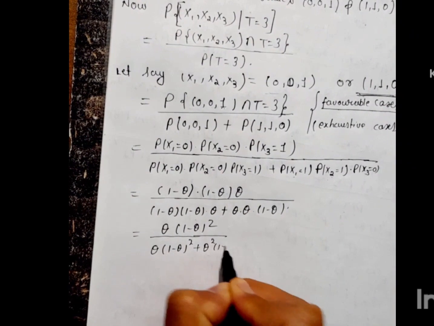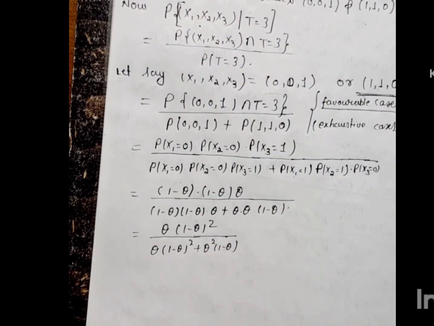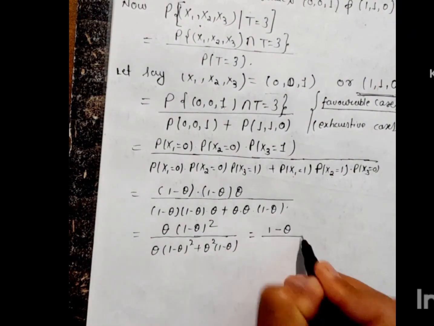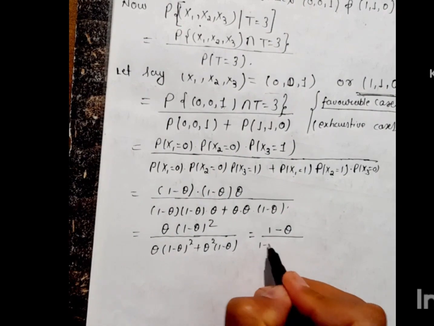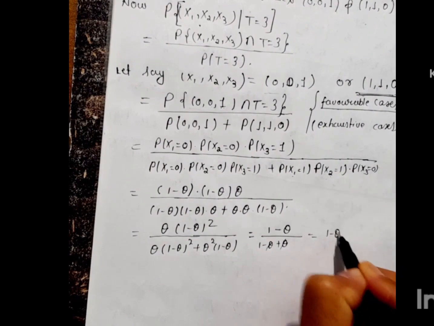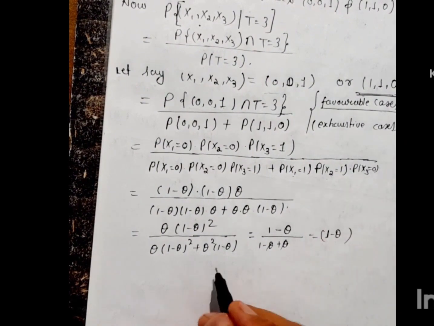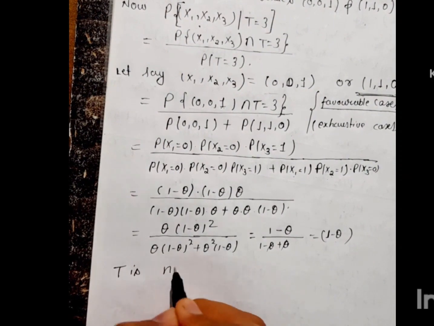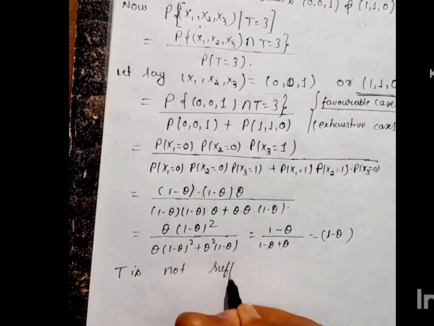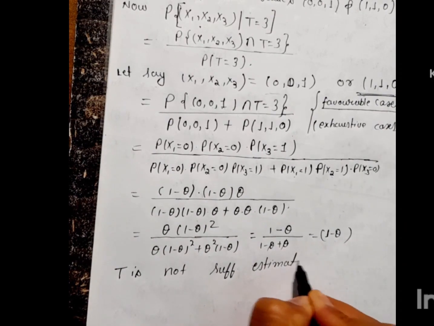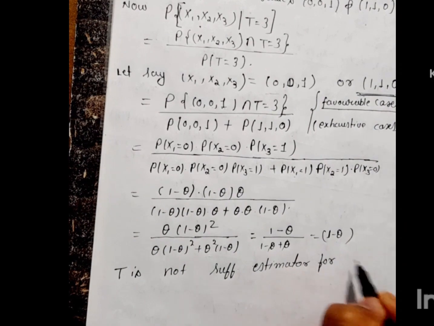Theta square and (1 minus theta) cancel, so it comes out to be (1 minus theta) divided by (1 minus theta plus theta), which depends on the parameter. Hence T is not a sufficient estimator for parameter theta.